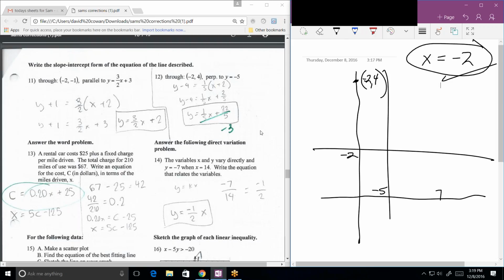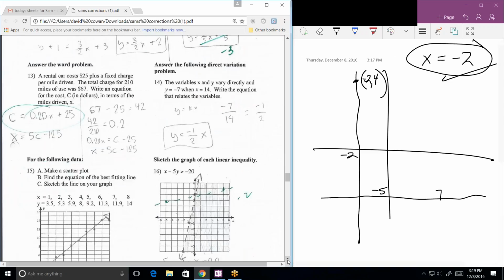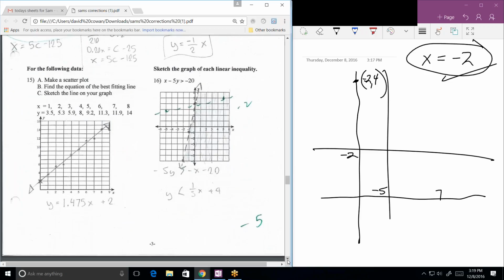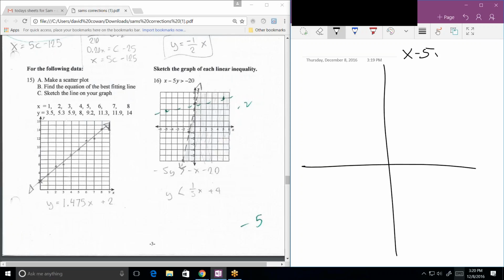16? Yeah. All right. When you are graphing inequalities, start out by graphing them as equality. That's the easiest thing to do.